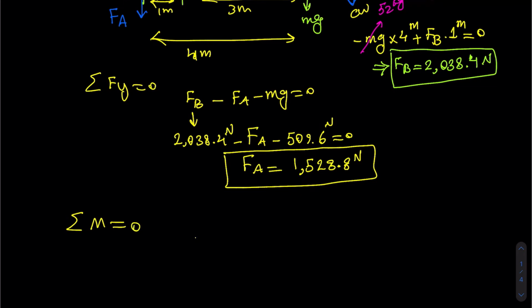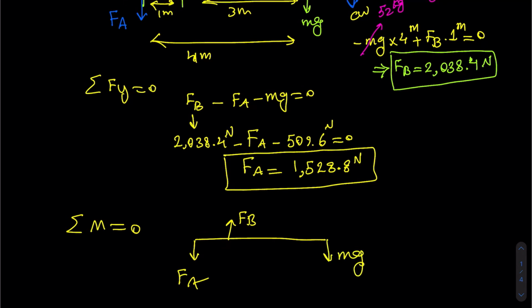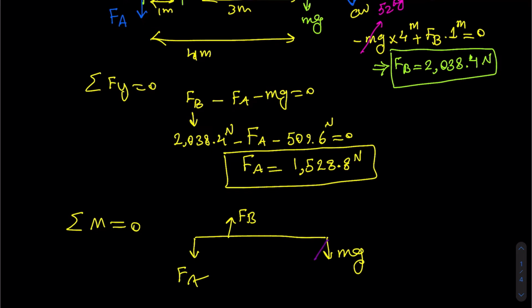And then you may draw the same diagram, FA here, FB up, and then we have mg of the person's weight, and we set the fulcrum at this point.